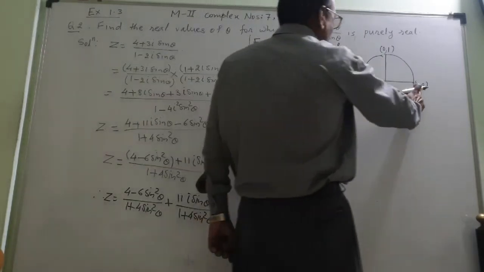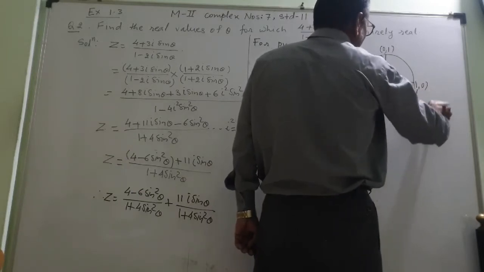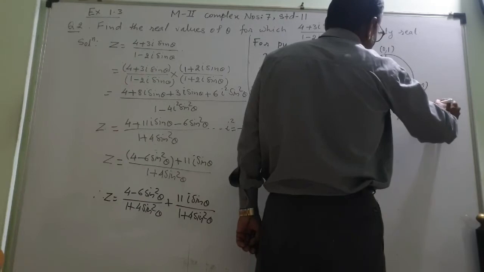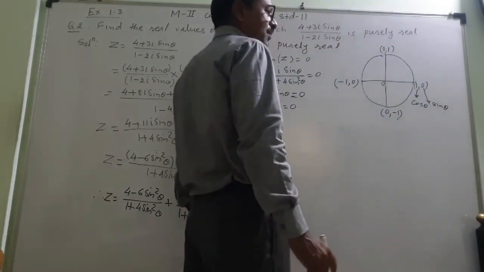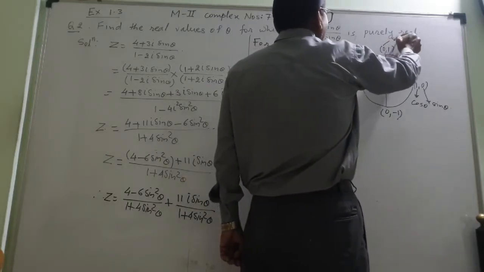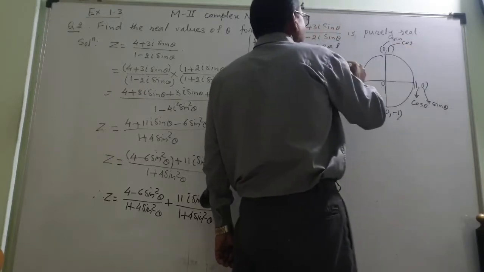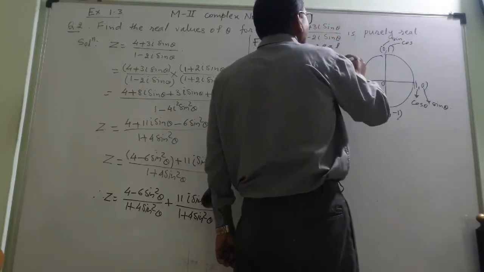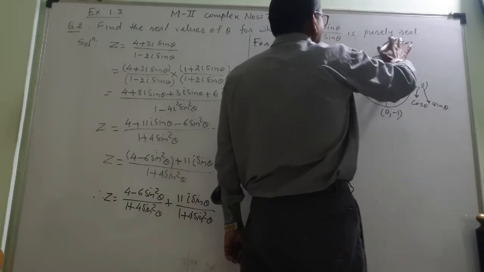So out of these, the first is called cos and the second is called sine. Sine theta, cos theta. Here also, this is sine, this is cos. Here also, this is sine and this is, sorry, I have written it wrong.